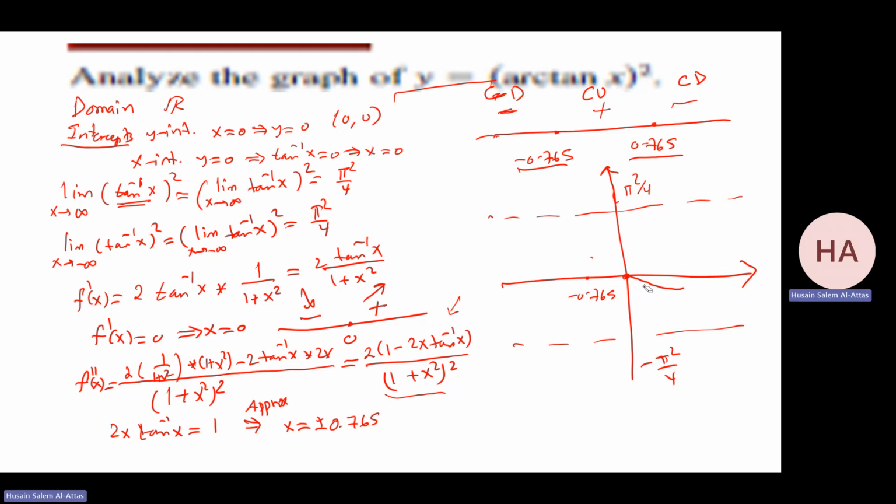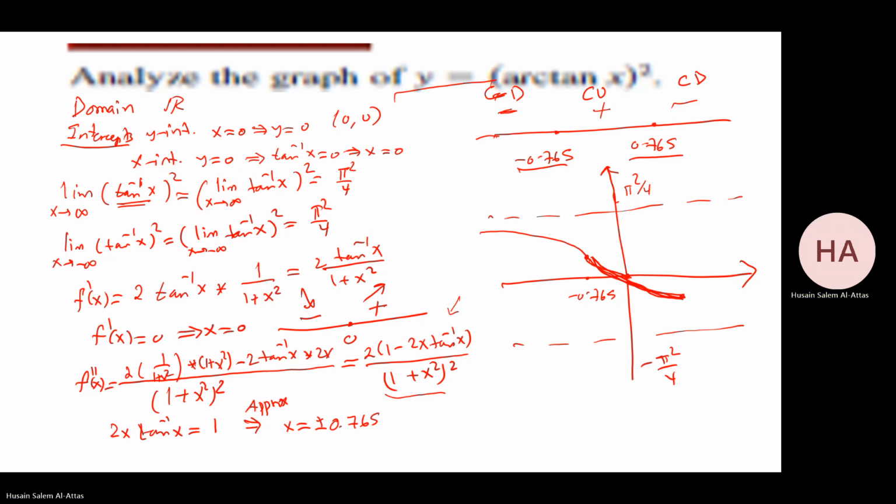Okay, it's concave down until this value. Then it will be concave up and also have the value here. Then it will be concave up also. Then it will be concave down again. It's going the other way. It's concave down until here.